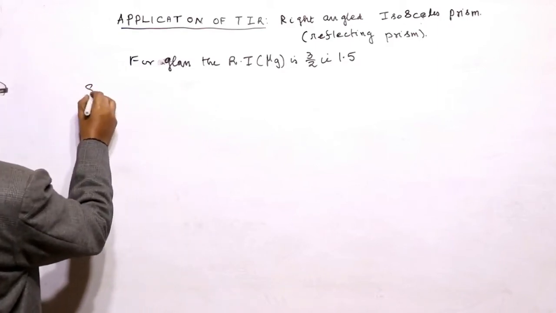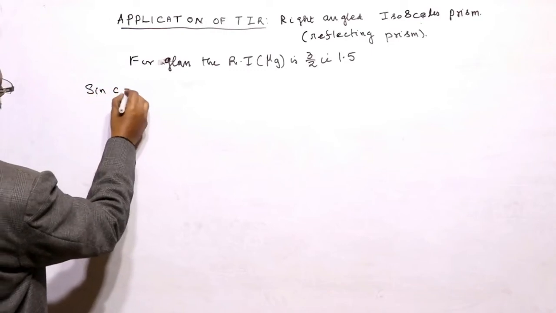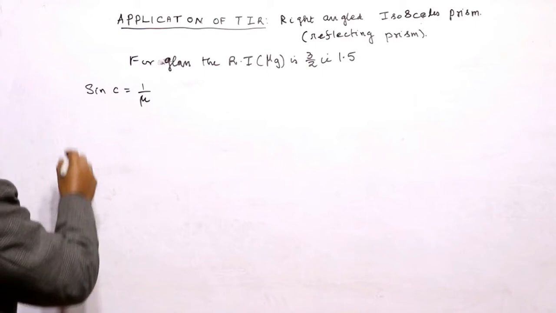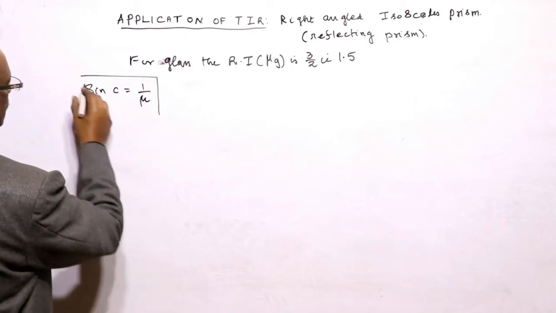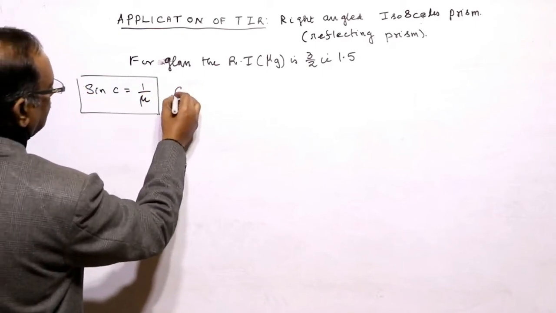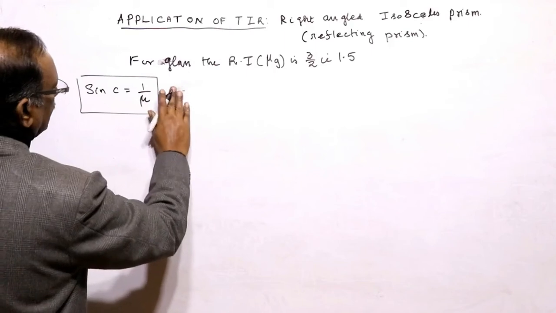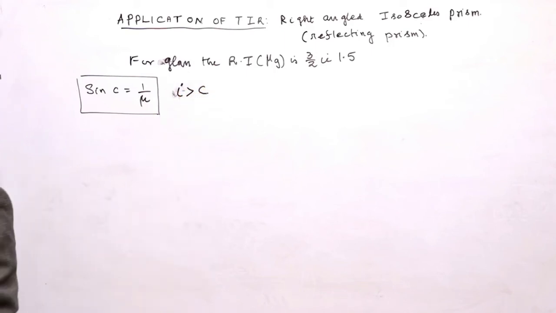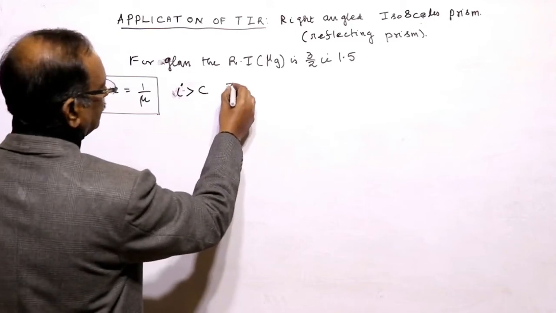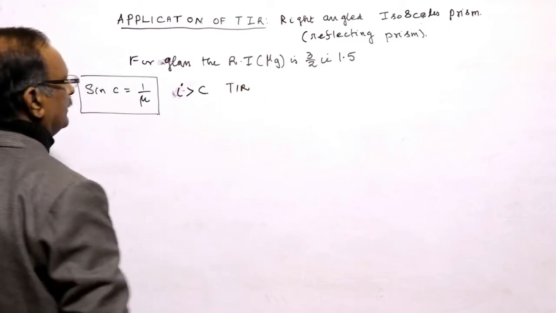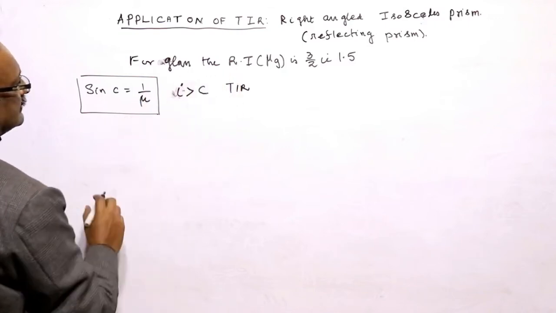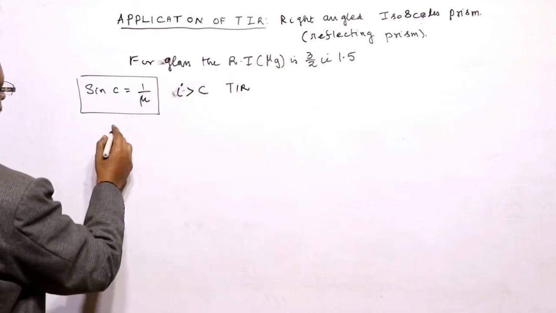Since sine of C is equal to 1 by mu, for total internal reflection to take place, the angle of incidence should be greater than C. For glass, the refractive index is 3 by 2.